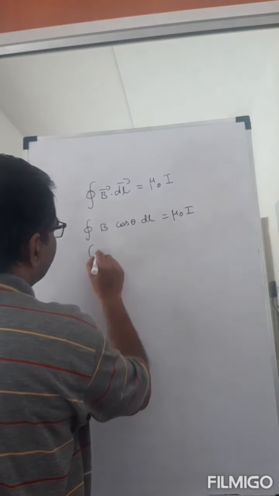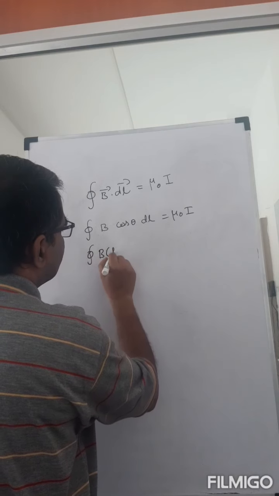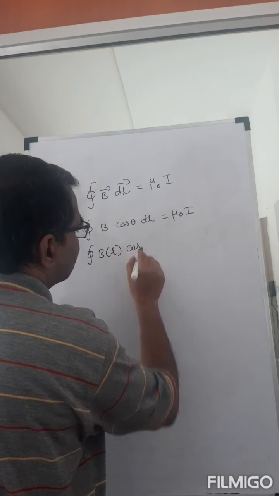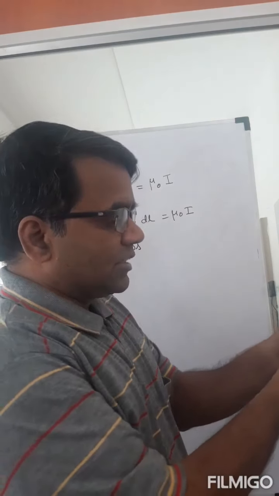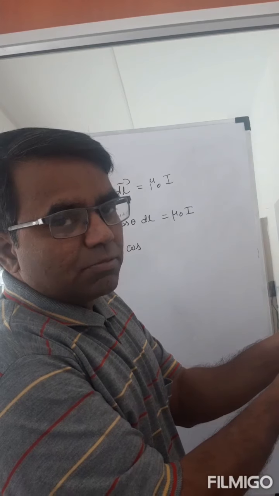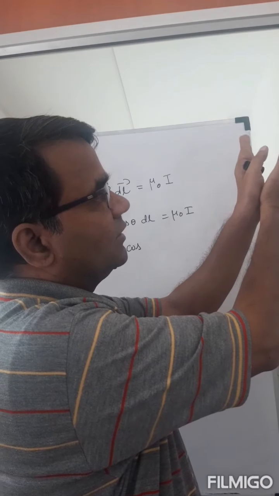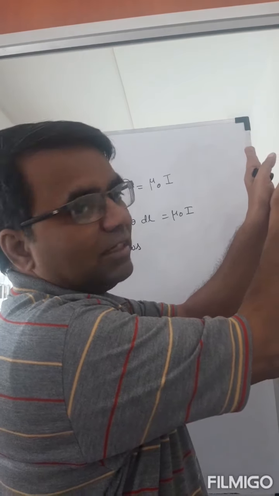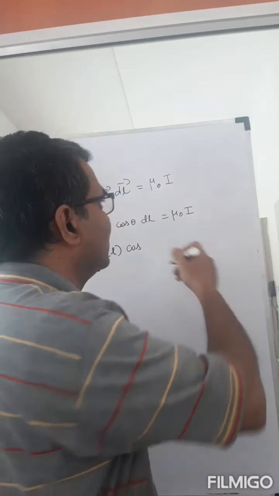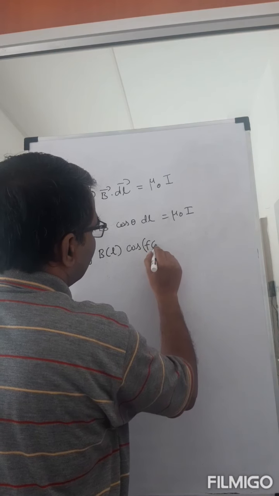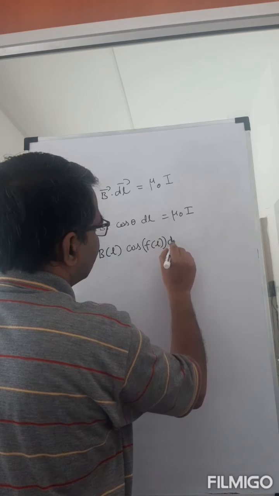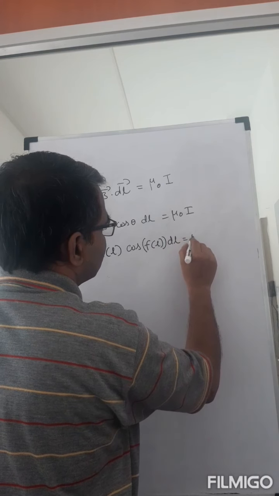And cos theta can also be a function of L, because at some distance the theta could be small, maybe here the theta could be something else. So in that case, f of L dl is equal to mu naught I.